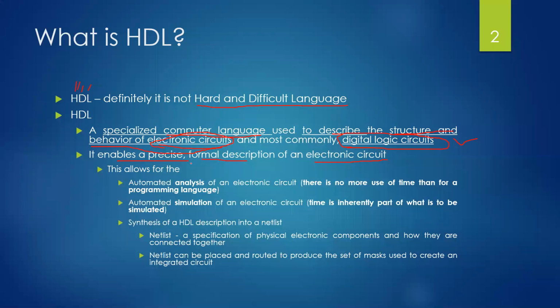Now here, if we have a precise and formal description of the electronic circuit, right? What happens if that is permitted? If I have something in this form, then what would be the case? Now, if you just remember in C programming, if you want to specify some logical operations, you don't bother how the implementation is done in hardware.